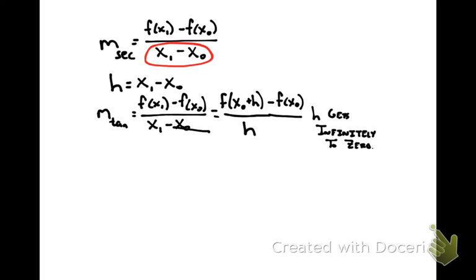And this is our starting point for differential calculus. We want to find the slope of a tangent line, and the principle is that as the 2 points that we're using to find the slope of a secant line get closer and closer to one another, they get closer and closer to what's actually happening with that tangent line.